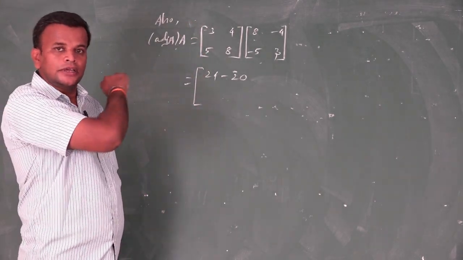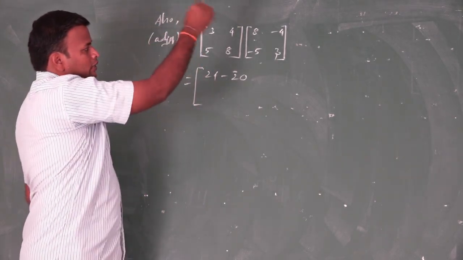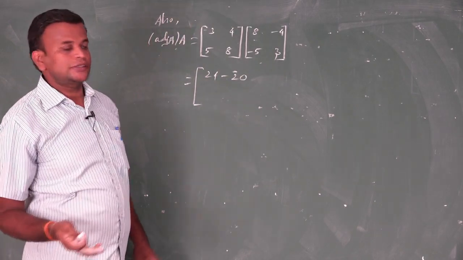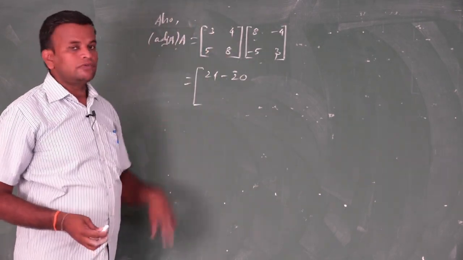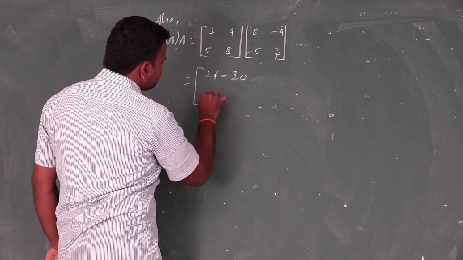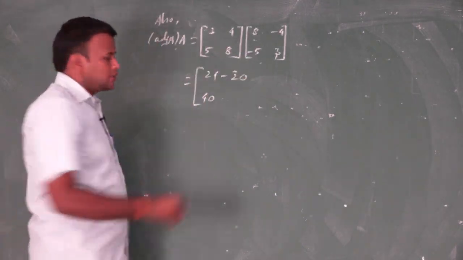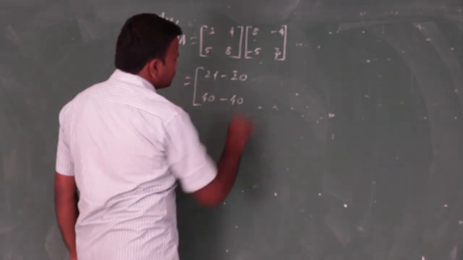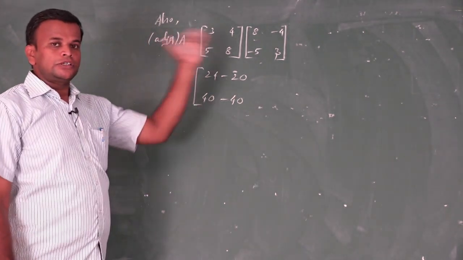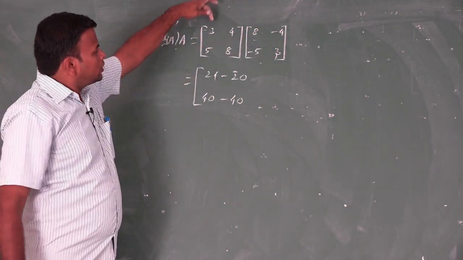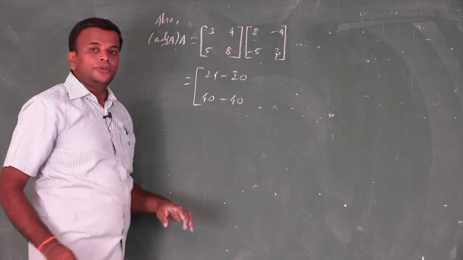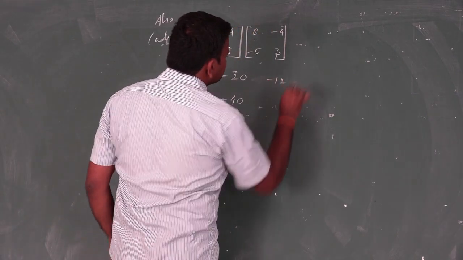Next, the second row in the first matrix and the first column in the second matrix. 5 8s are plus 40. We move the element. So 8 into minus 5 is minus 40. Next, first row, second column. 3 into minus 4 is minus 12.